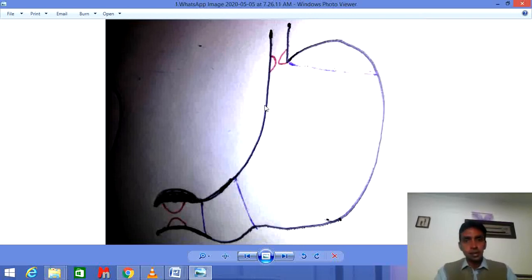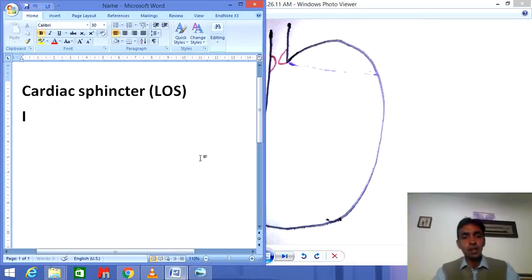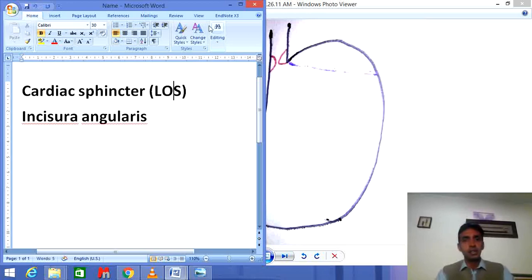In the lesser curvature, this side is the lesser curvature. This portion of the lesser curvature, where the cursor is located, is called incisura angularis.